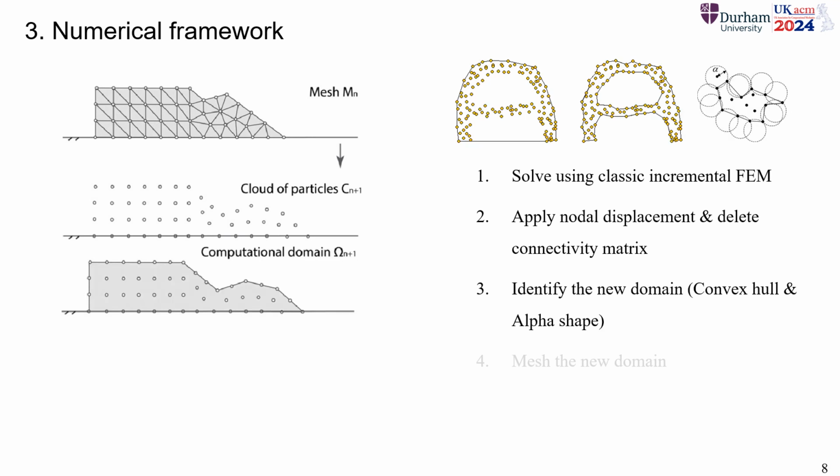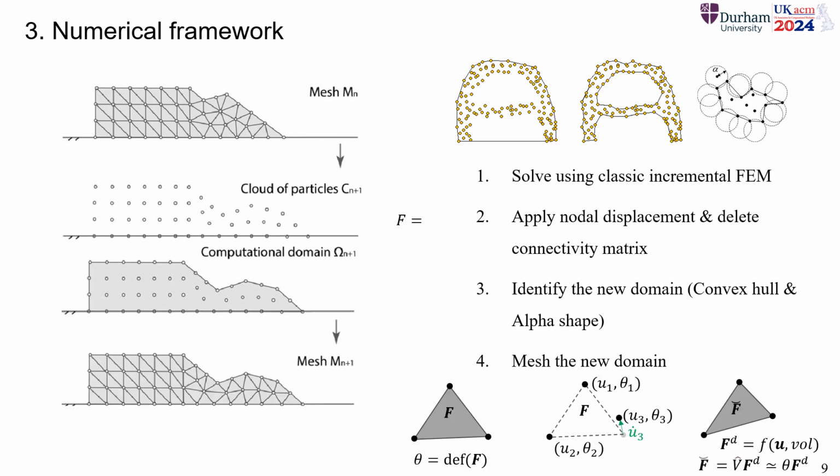Then this cloud of particles is first identified using a convex hull approach, and then it's refined using an alpha shape approach, which you can see on the top. So first you identify the boundary and then you refine it based on the distance between each point so that you only select the points that belong to the boundary to identify the domain. And finally, the new domain is just recreated using Delaunay triangulation.